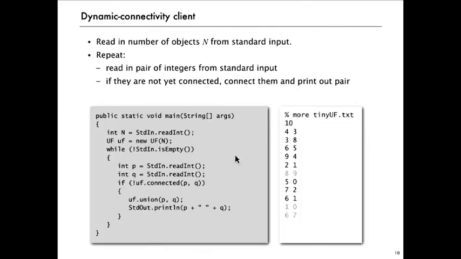And what the client does is first it'll read the integer from standard input and create a UF object. And then as long as standard input is not empty, it's going to read 2 integers from the input. And if they're not connected, then it'll connect them and print them out. And if they are connected, it'll ignore them. So that's our test client, and that's a fine test client to make sure that any implementation does what we expect that it will.